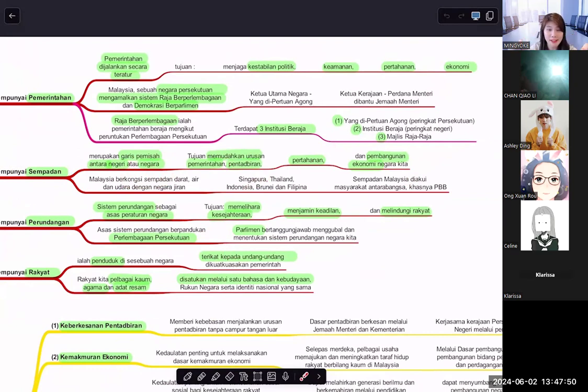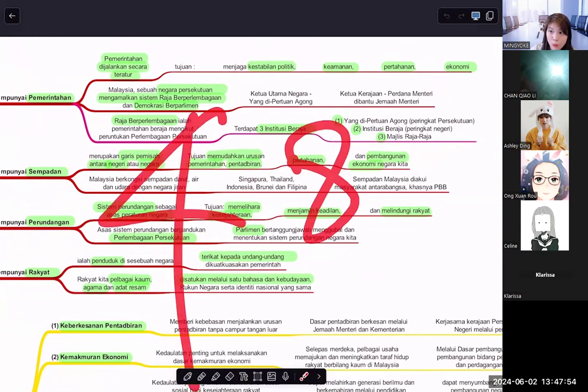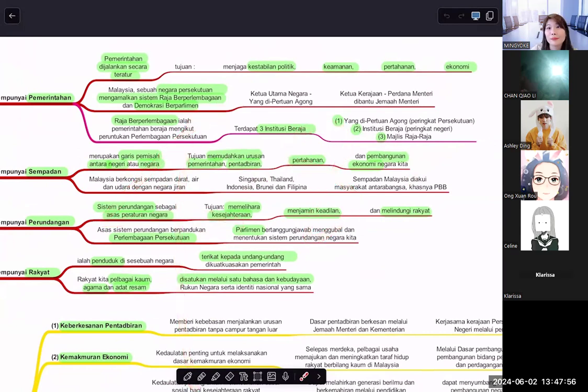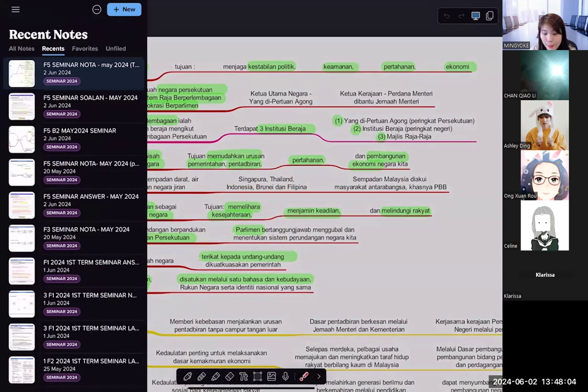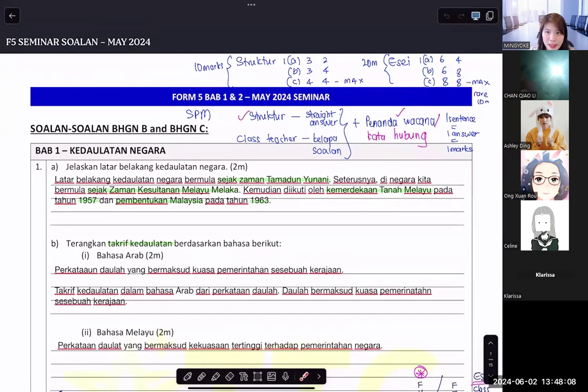This is a trick where if you cannot get 8 marks, means you memorize 4 marks. If can 8 marks, you memorize 8 marks. Cannot 8 marks, you just memorize 4 marks. Example. Okay? So this is the trick of the marks for structure and essay.